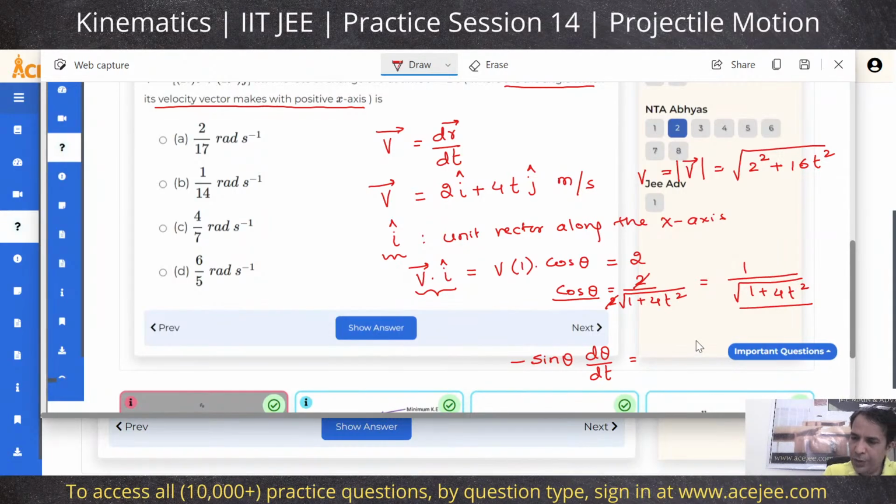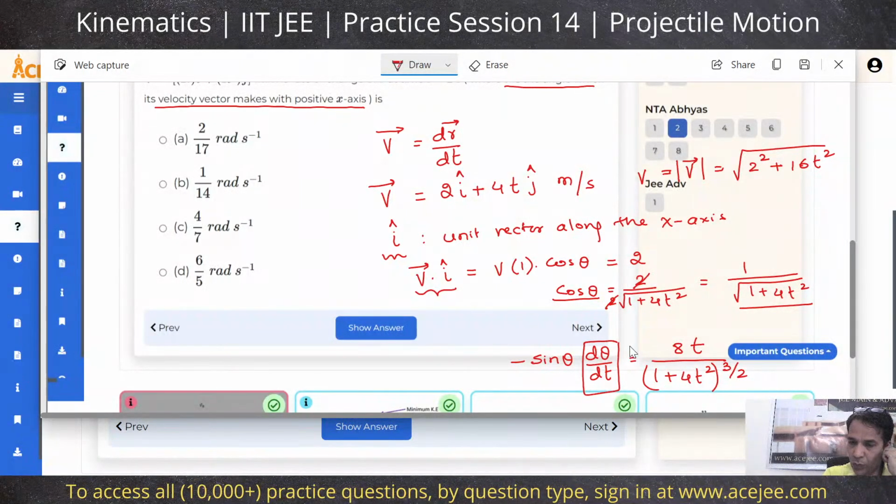So it is 1 plus 4t squared to the power minus half. You subtract 1 from the power, so you get minus 3 by 2. So we get 1 upon 1 plus 4t squared to the power 3 by 2. And now we differentiate what's inside the bracket and we get 8t. This is what we're interested in.